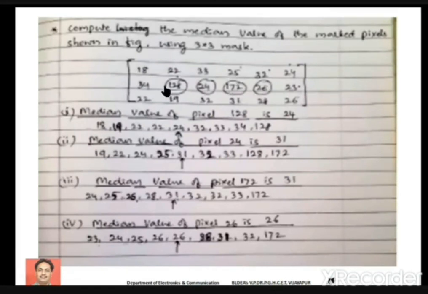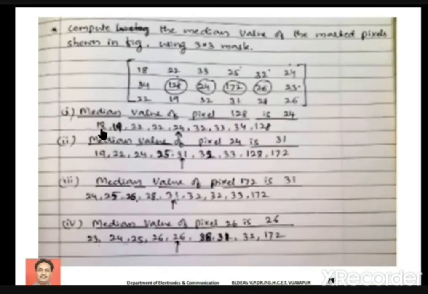Similarly, if you want to calculate the response of the min filter, you have to replace each marked pixel by the min of those 9 values. Okay, again we'll consider 128. For 128, these are the 9 values you'll be getting, and the minimum of these 9 values is 18.